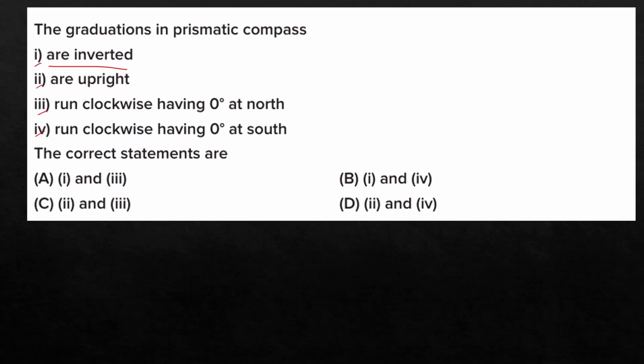So option 1 is correct and it is not upright. The graduations run clockwise having 0 at north: that option is wrong. And run clockwise having 0 at south: that option is correct. In prismatic compass, the graduations are engraved in an inverted manner to allow easy reading through the prism. So options 1 and 4 are correct. So option D is our answer.